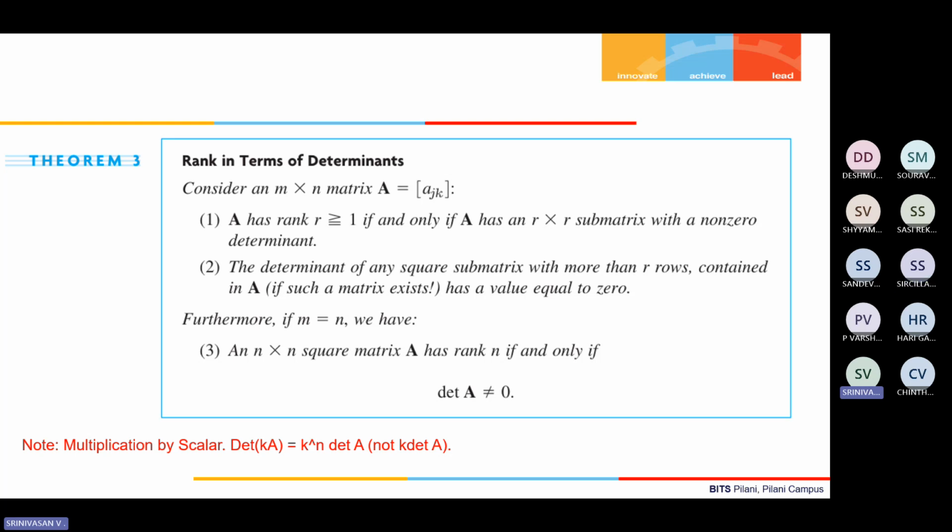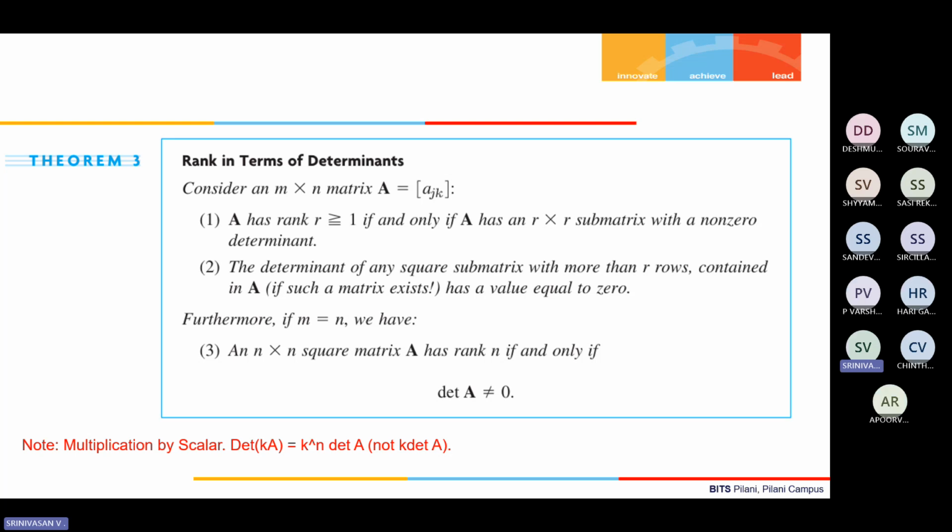So here is another one. Multiplication by scalar. Determinant of kA is k power n into determinant A, not just k into determinant A. I think this is confusing you.